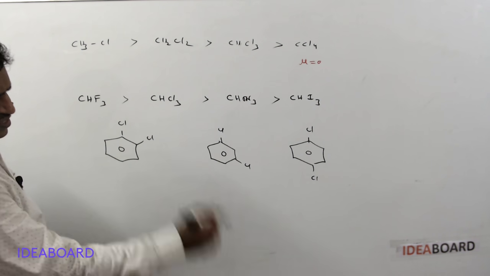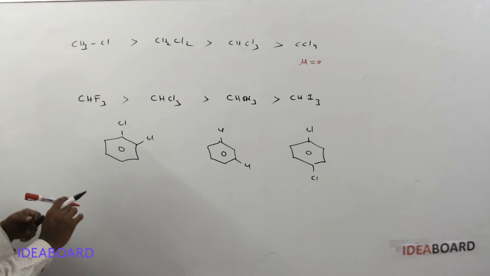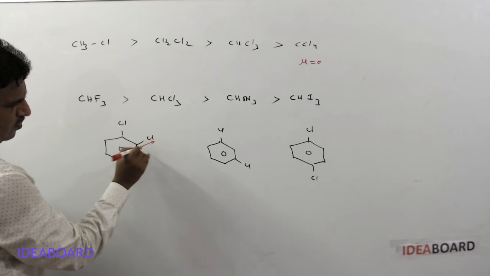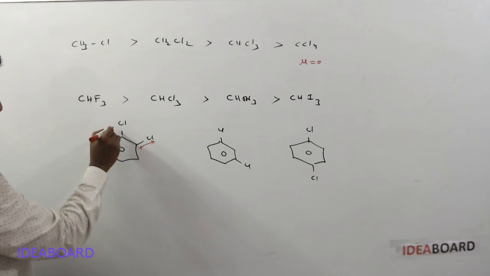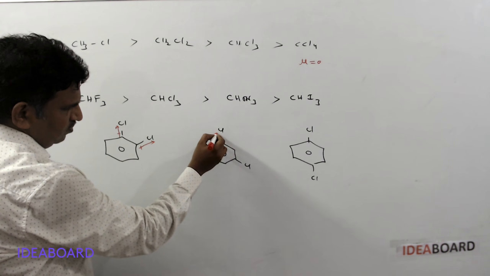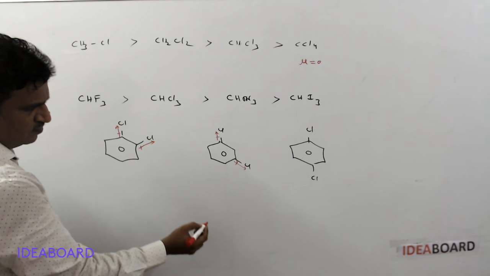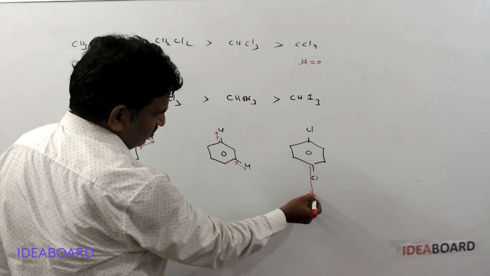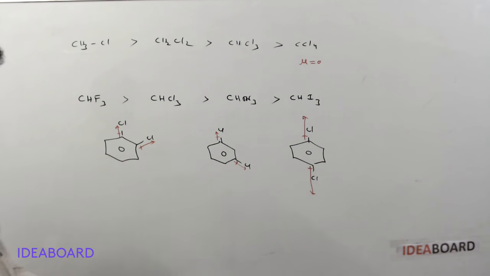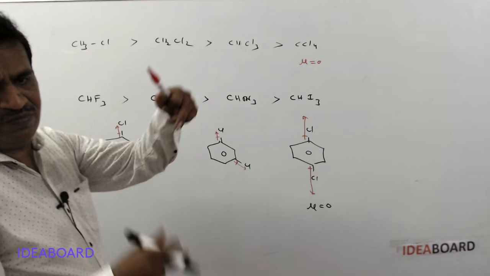The dipole moment is represented by an arrow pointing towards the more electronegative atom, here towards the chlorine atom. Now what is the dipole moment for para-dichlorobenzene? Yes, it is equal to 0, because both are in opposite directions.